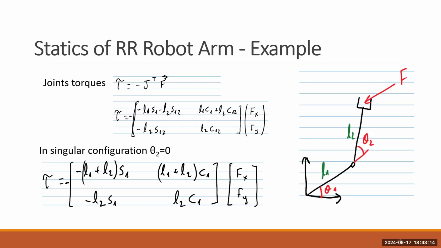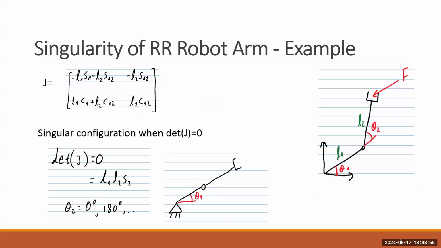Okay. Now we can talk about the statics. We know in equilibrium from the principle of virtual work that the torque in the joint equals minus the Jacobian transpose times the external force on the end effector. Therefore, tau will be minus the Jacobian transpose. So we rewrite the Jacobian transpose. Actually, we took the transpose of this.